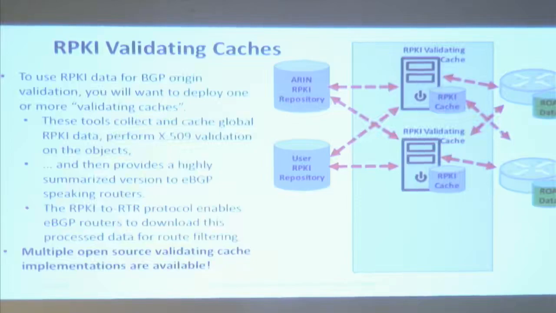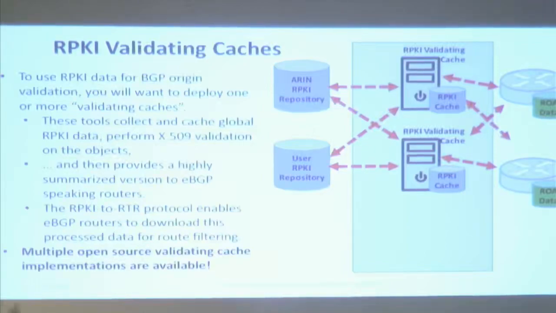And so RRDP provides an HTTP-based protocol, one that can be run through CDNs to address some of the issues about availability, reliability, and responsiveness of the RPKI repositories. It's implemented in at least 2 of the validating caches and one of the RIR repositories that I know of.